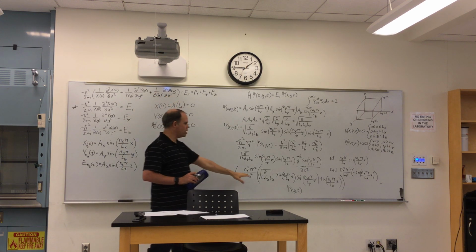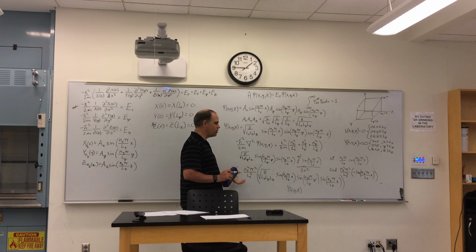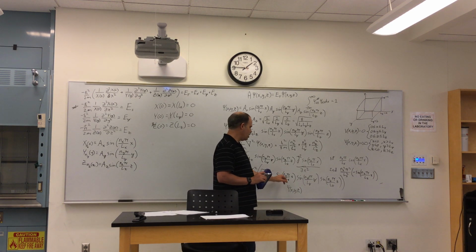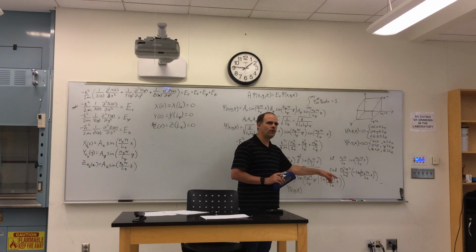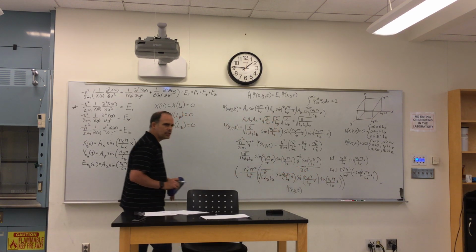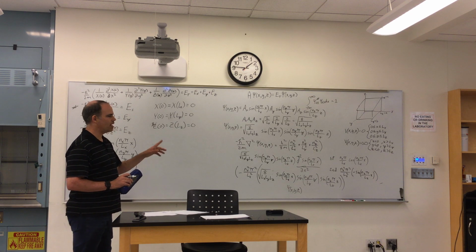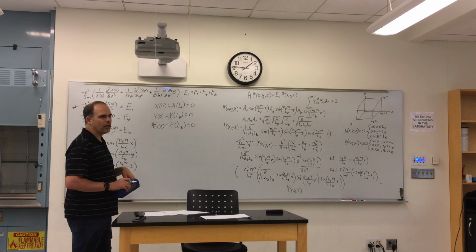This is the result for the x direction. For the y direction, I'll get the exact same thing, except this will be ny and Ly, and in the z direction it would be nz and Lz. When I took the derivative of the sine, that was the derivative with respect to x. The x component, the y component, and the z component all look the same. The only difference is that wherever you have an x, it becomes a y, and wherever a y, it becomes a z.